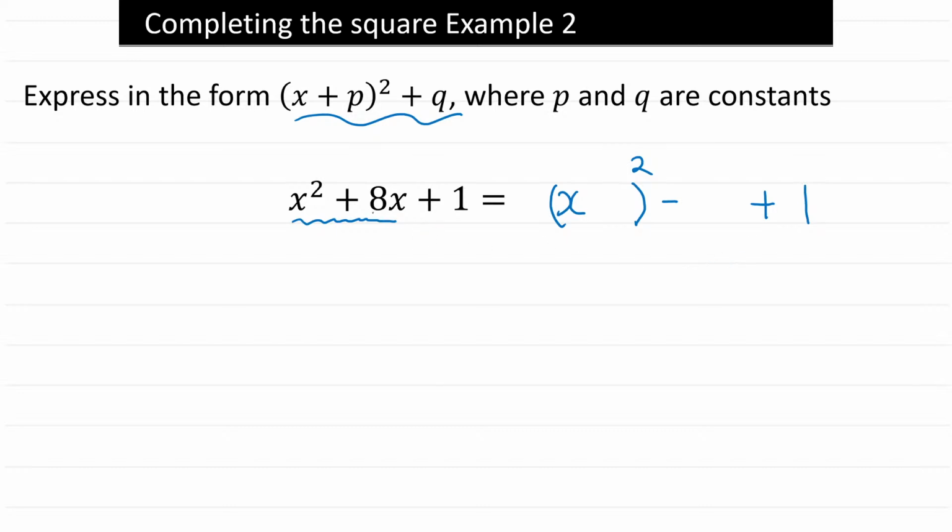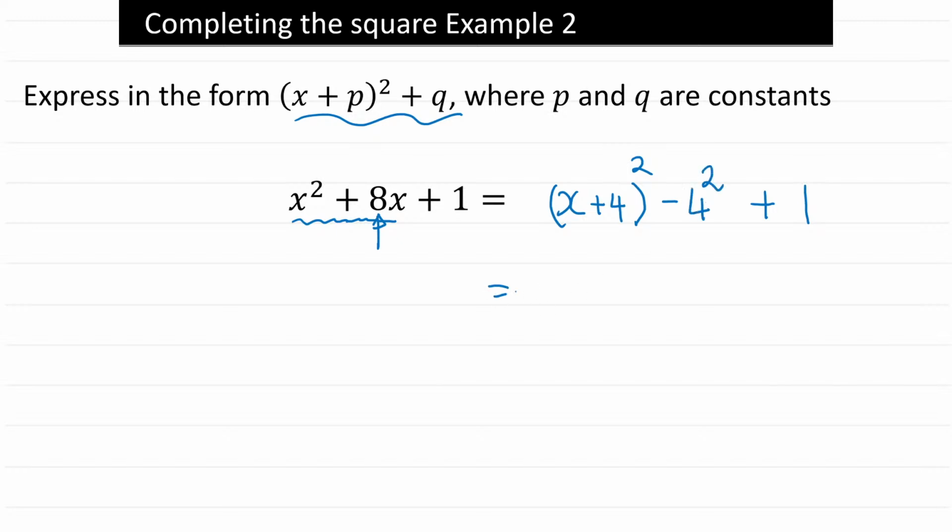Now we need to halve the coefficient of x, so it must be in this form where you have x squared first, and then 8x, and then a constant. So half of 8 is 4, and there's a plus here, so that's going to be plus 4. And then minus this number squared, so minus 4 squared.